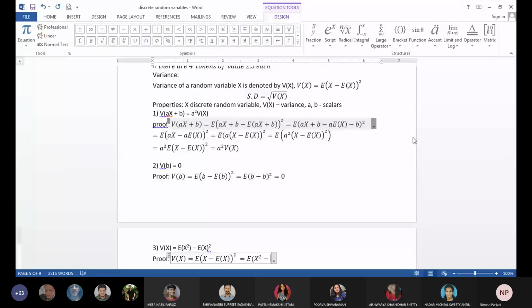तो a की जगह पे x है, b की जगह पे e ऑफ x है. तो x square minus 2 times ab plus b square. I can write like this. Just make yourself satisfied कि ऐसा लिख सकता है.